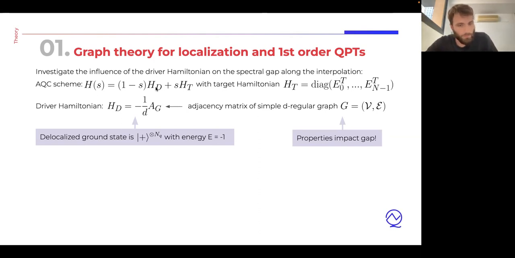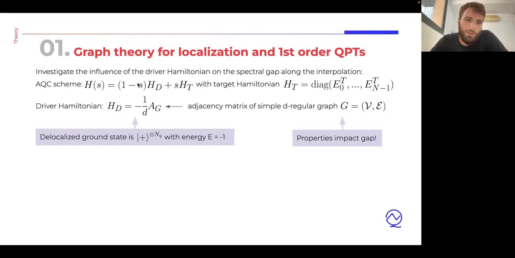That will be the Hamiltonian at S equals 0, and the target Hamiltonian or the problem Hamiltonian at S equals 1. Typically the driver Hamiltonian is a relatively simple Hamiltonian with a ground state that we can easily prepare. And the target Hamiltonian is more complex and usually encodes in its ground state the solution to an optimization problem that we're trying to solve.